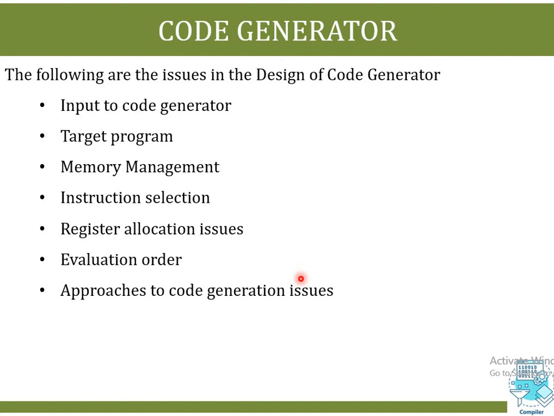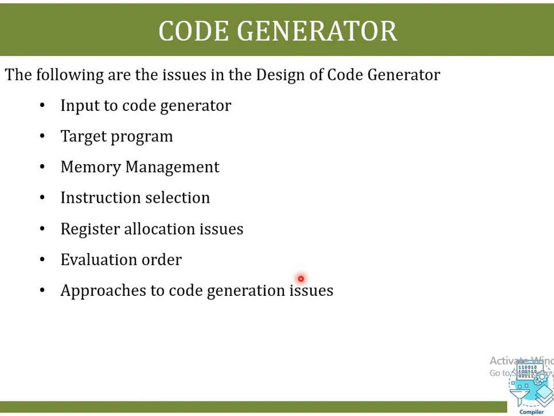Then instruction selection. For a particular intermediate code, we can generate the target code in different ways, but we should generate the efficient one. For example, take a statement like R = num1 + num2. This intermediate code can be converted into target code in n number of ways, but we should generate an efficient one.